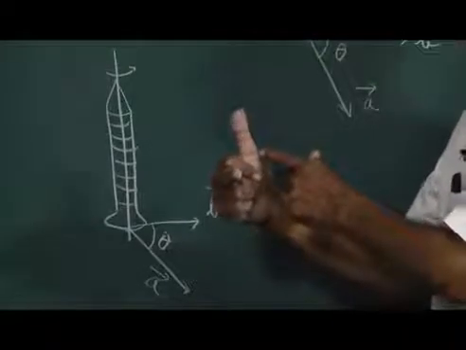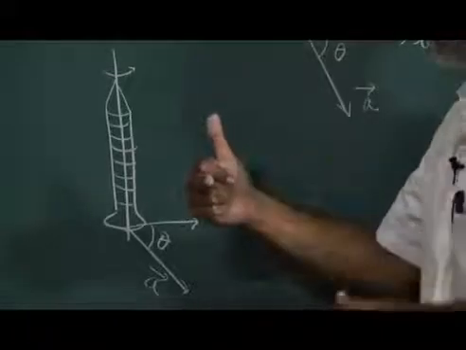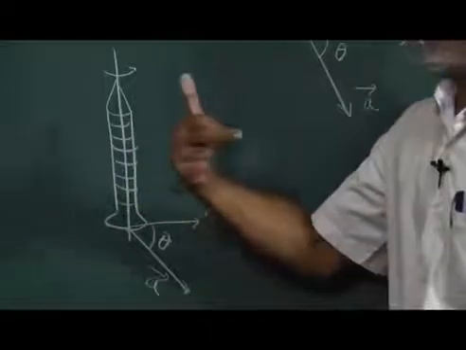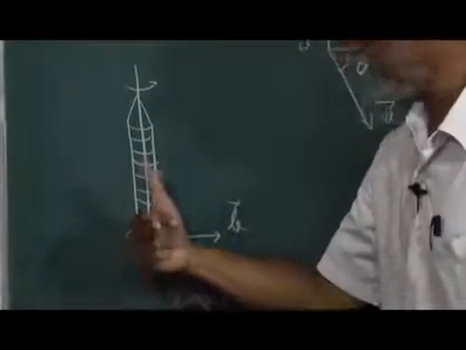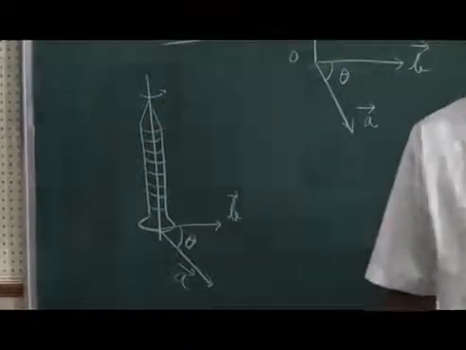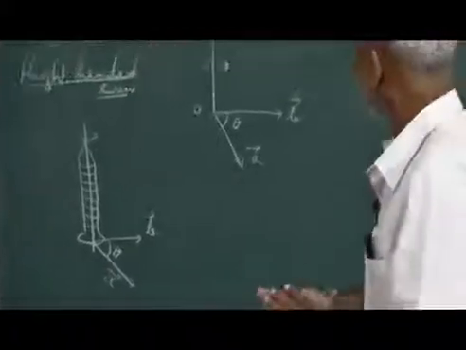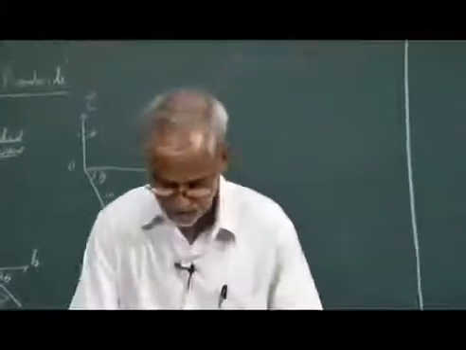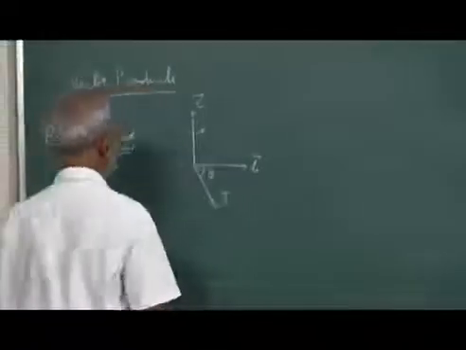Now the thumb denotes the direction of advancement of the screw. When I rotate from A to B, the screw has to advance upwards. Let me do it again, and when I rotate from A to B, the screw advances further. This is what is called a right handed screw, and you can also have a left handed screw, we are not worried about it, and we will follow this standard convention.